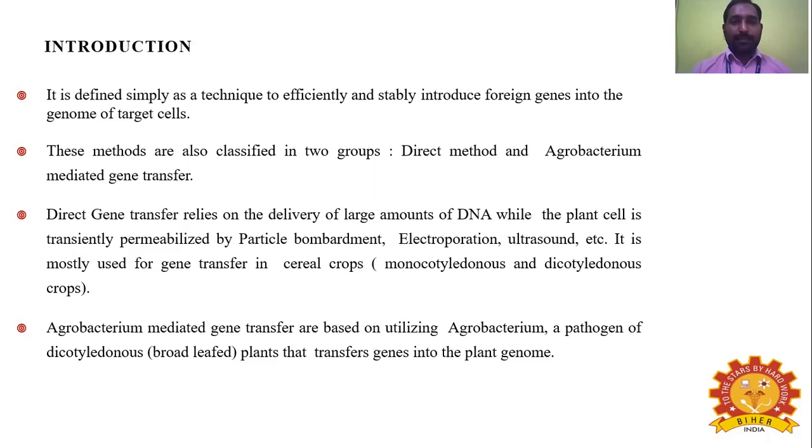This transfer can be enabled by particle gun bombardment, electroporation, ultrasound, and more. In terms of efficiency, gene transfer by this physical or direct method can be done in cereal crops, that is monocotyledonous and dicotyledonous crops. In agrobacterium mediated gene transfer, agrobacterium is used as the vector, and through that we can induce transfer into the plants.